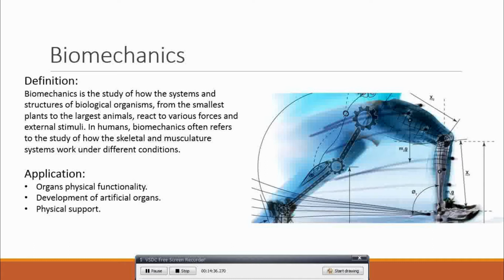Maknanya bila orang lari, bila orang berjalan ataupun bila jogging. Okay, so the pressure measurement, the speed measurement, orang lari kan, berapa kelajuan dia. So kita boleh calculate dengan biomechanics properties, right?